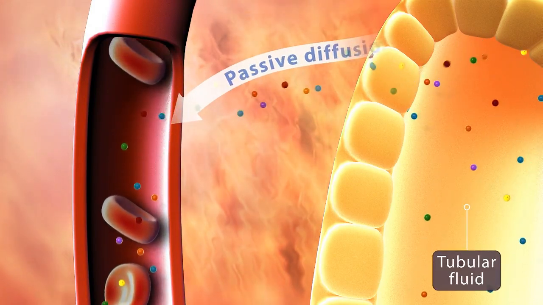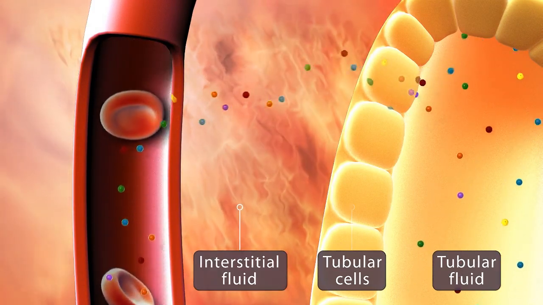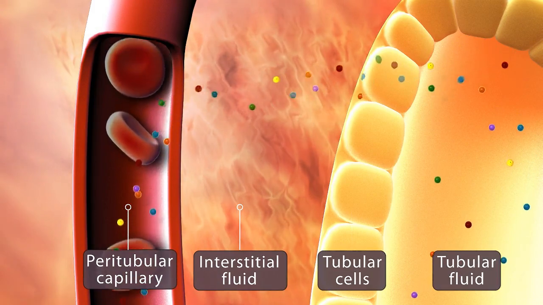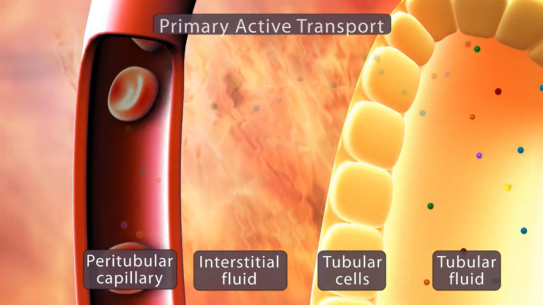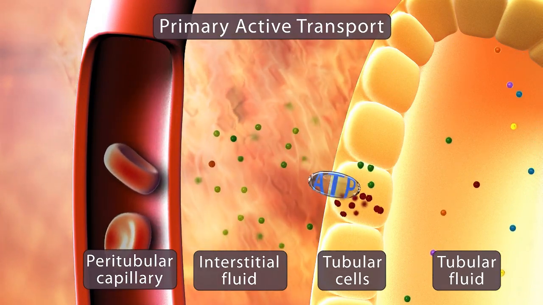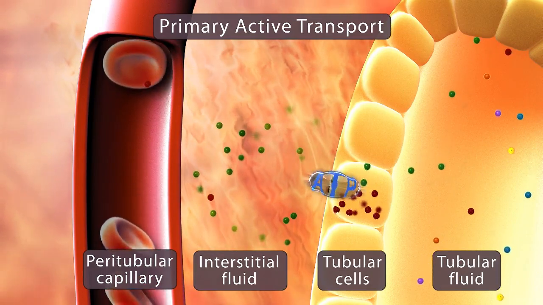Urea and most ions passively diffuse from the proximal convoluted tubule into the interstitial fluid, then into the peritubular capillaries. The reabsorption of other solutes requires energy-consuming primary or secondary active transport.